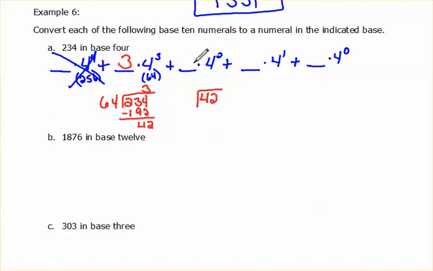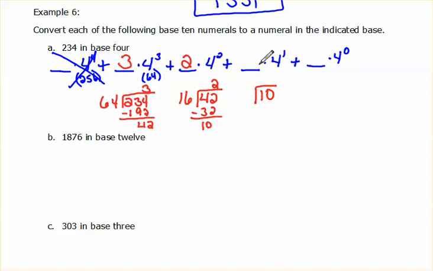Our next groupings are groups of 16, because 4 squared is 16. So 16 will go into 42 twice. 2 times 16 is 32. When we do the subtraction, we get 10 left. So there are 2 groups of 16 with 10 left over.